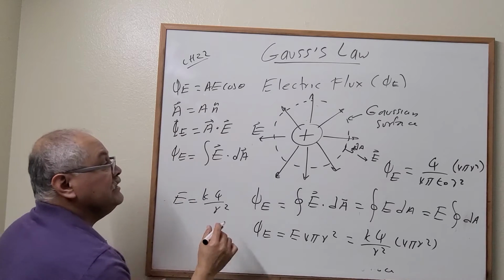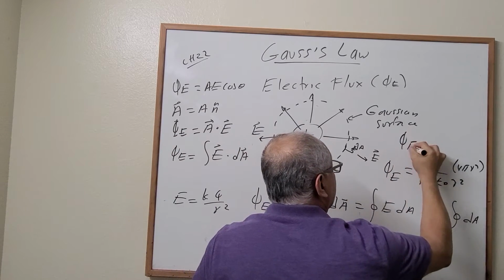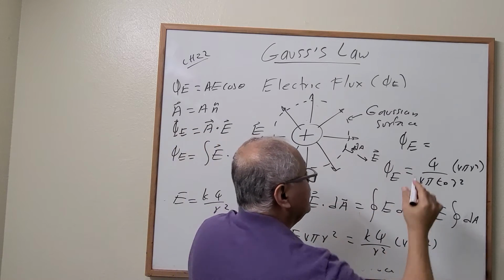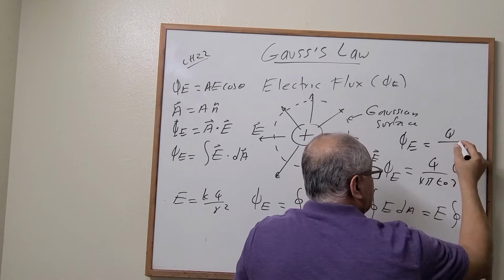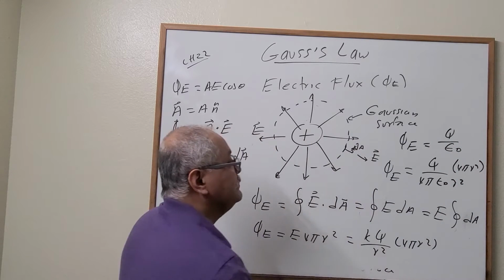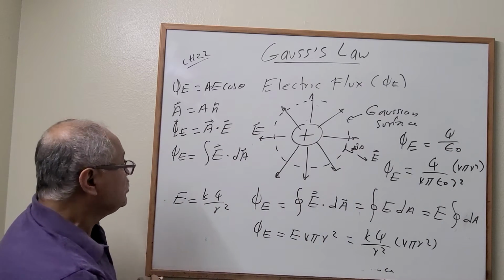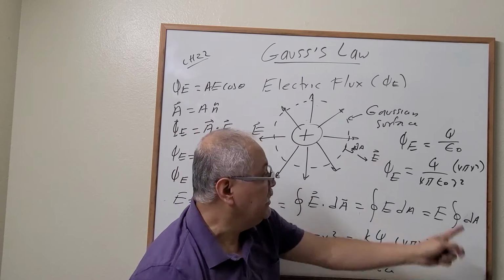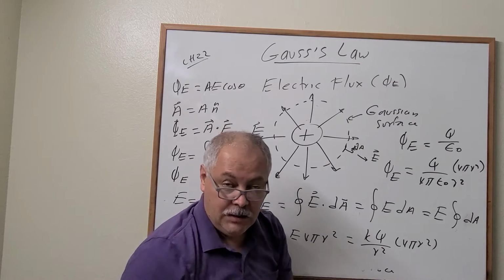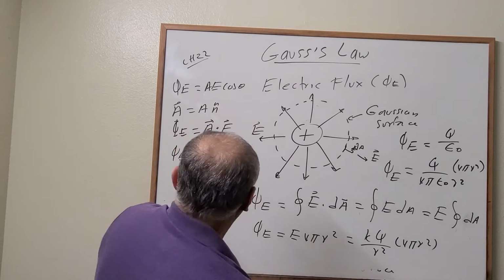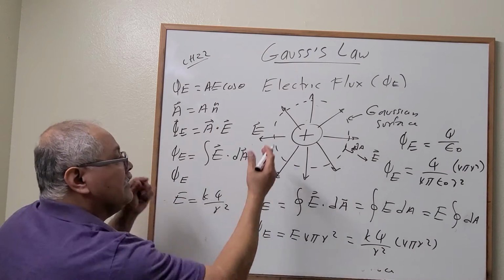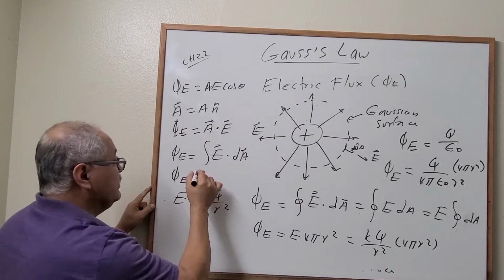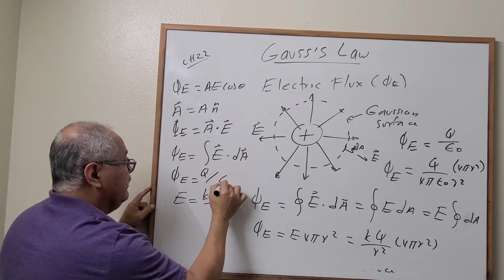From here, the electric flux in this case is equal to just the charge divided by epsilon naught. So the total electric flux created by this positive charge is just q divided by epsilon naught.